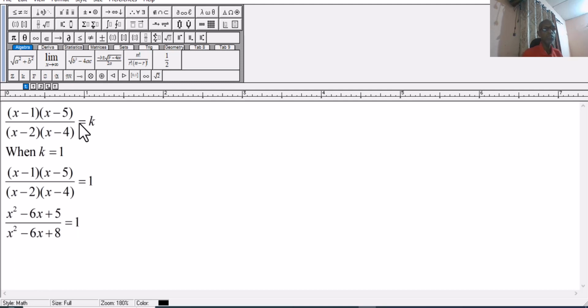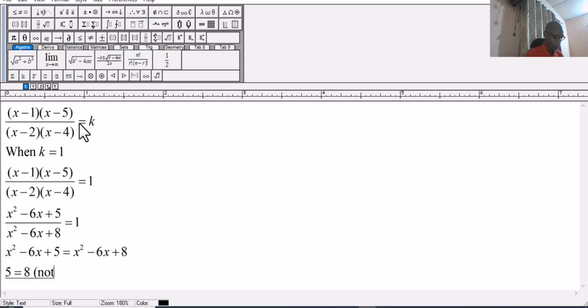By the time we cross multiply, we have something of this nature. Collect the like terms and do the subtraction, and you will find that 5 equals 8, which is not true.